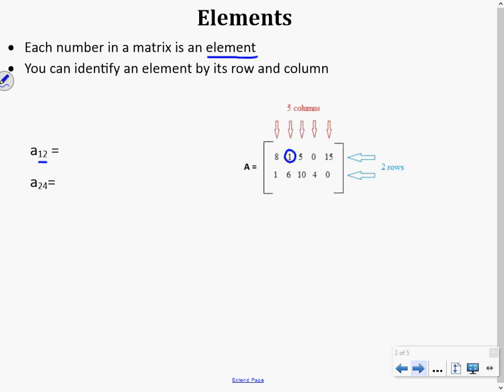So that means that element would be 1. Okay, and then A24 means I'm looking in row 2, column 4, which is going to be right here. So that's how you can identify elements within a matrix, and also the naming system that goes along with it. The little subscripts there are just telling you the row and the column that you're looking at.